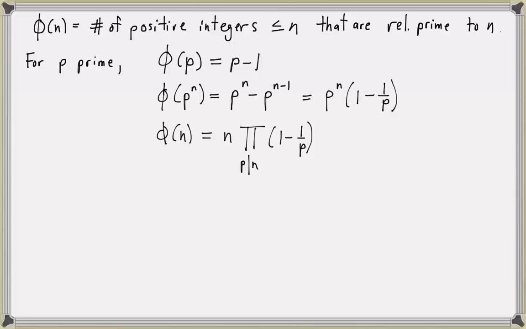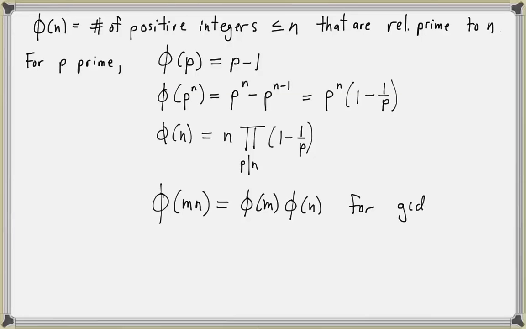And as I mentioned earlier, phi is multiplicative. So phi of m times n will equal phi of m times phi of n when m and n are relatively prime. So this is just a recap of some of the basic properties and formulas for the Euler phi function. We'll develop some of the similar properties for the functions tau and sigma.